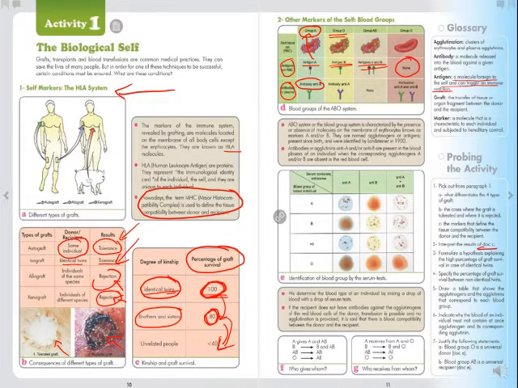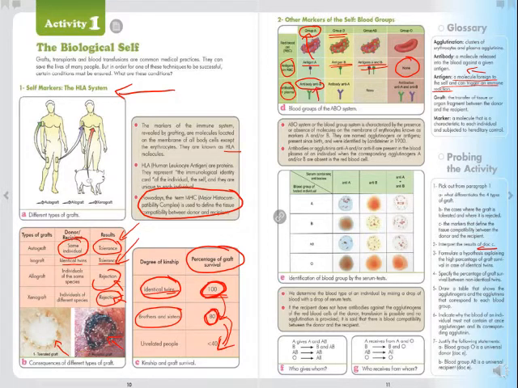Antibody is a molecule that is released against a given antigen. For example, my blood group is A, so I have antigen A. What type of antibodies? I have an antibody different from A, which is antibody B.